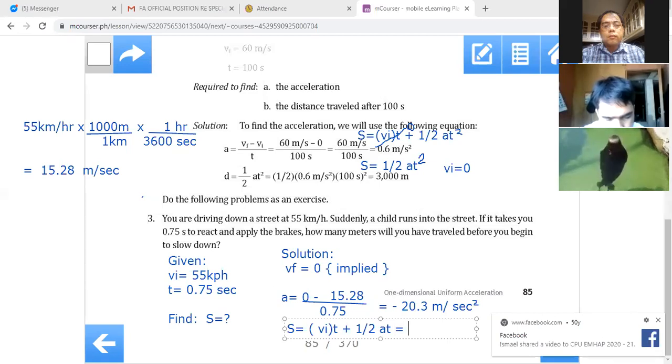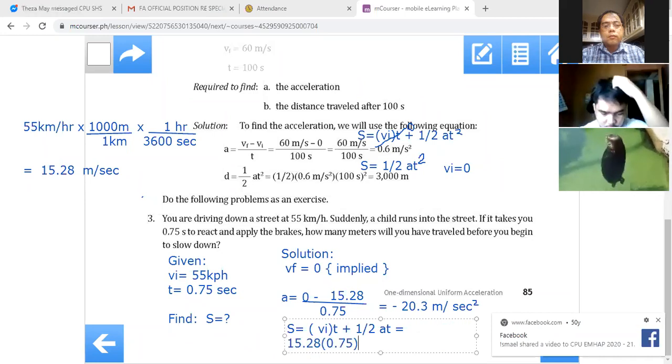Which gives us again 15.28 times 0.75 plus 1/2.